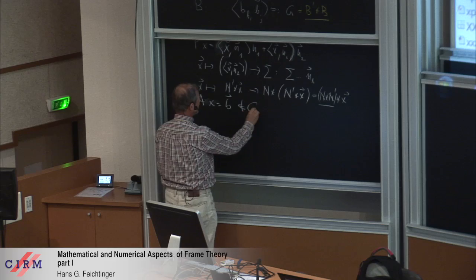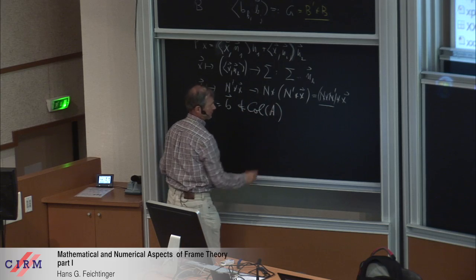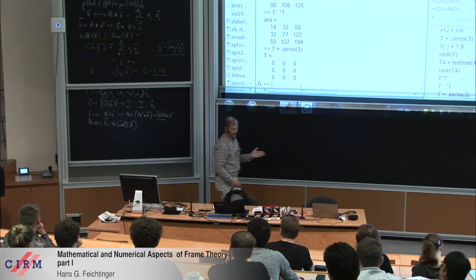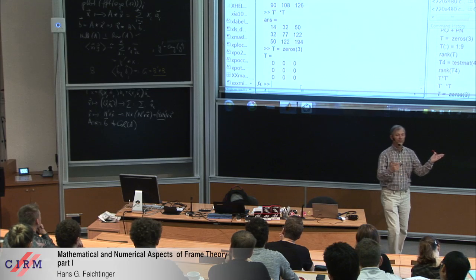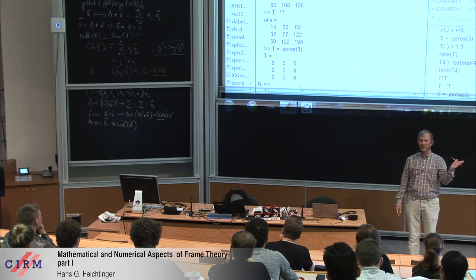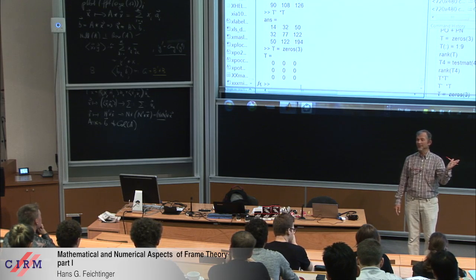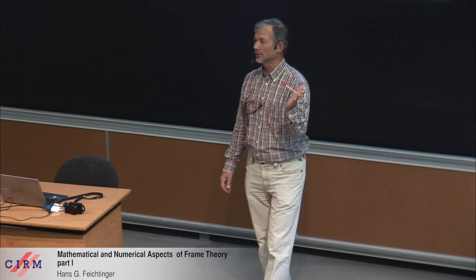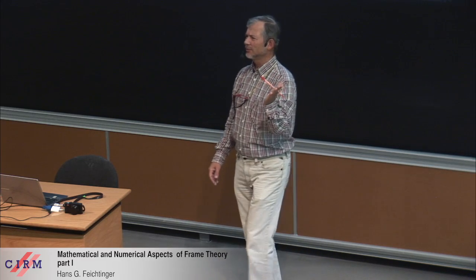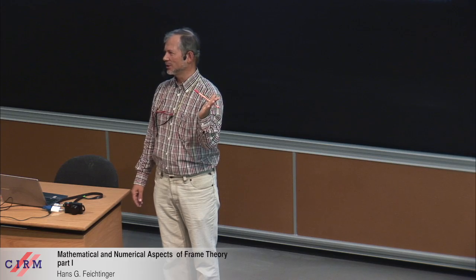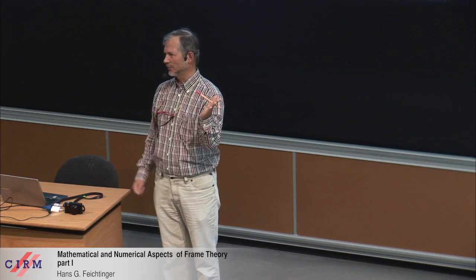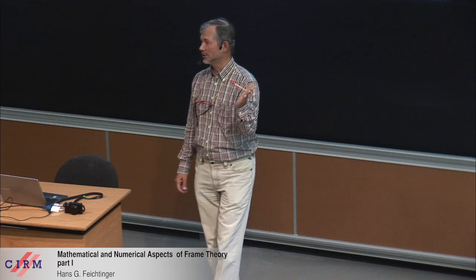But if this is not in the column space of the matrix, so, well, if I want to get something, and I cannot get it because my resources are not strong enough, should I give up my wishes? No, I try to reduce the wishes to something which is possible. Of course, I want to modify it as little as possible.